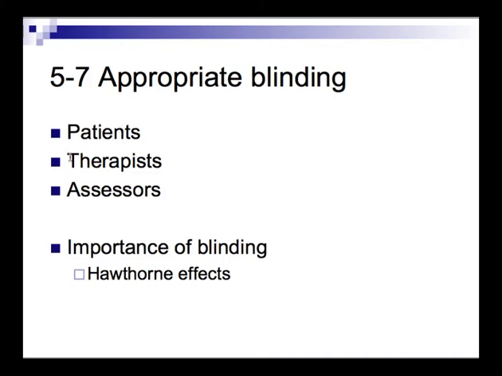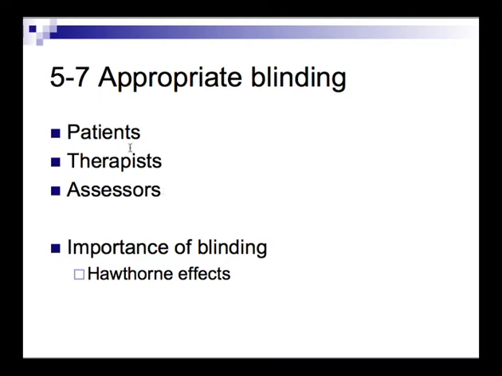If the therapists know which treatment is not optimal, they may inadvertently discourage patients from performing as well and be more excited about the intervention treatment. And if the assessor knows which person was in the control group or the experimental group when they're doing the planned intermittent assessments throughout the clinical trial, they could also bias the results.